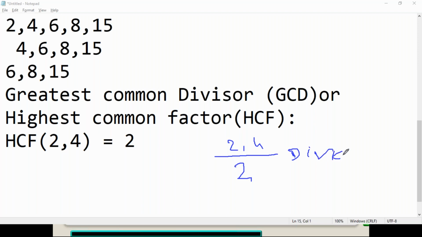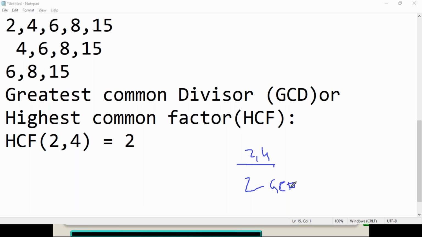So for 2, 4, 2 is the GCD, or 2 is the HCF.